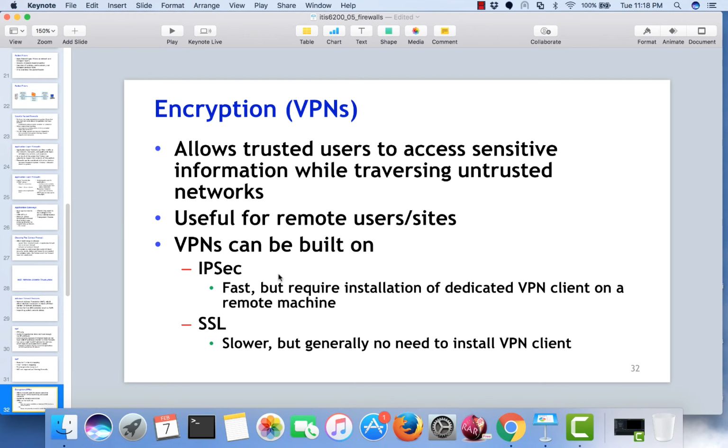So basically, think of it like this: you are at a coffee shop, your office, UNCC, or your home. You have a virtual private network, which basically means you will access the internet and sign in to the virtual private network.